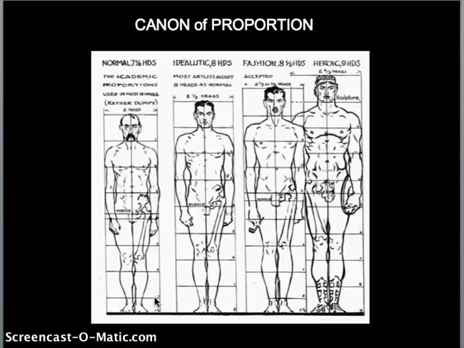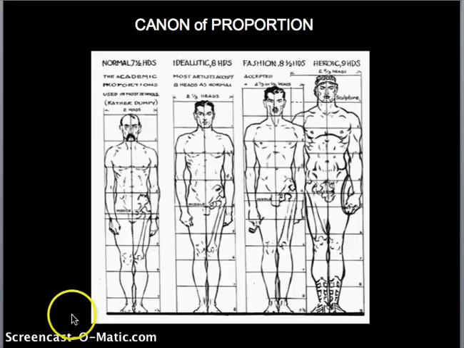Proportion becomes important when we're looking at figurative work. In the Renaissance, everyone was doing linear perspective, and the perfect proportions of the human body were something artists were very interested in, doing studies of anatomy and getting very realistic and naturalistic.